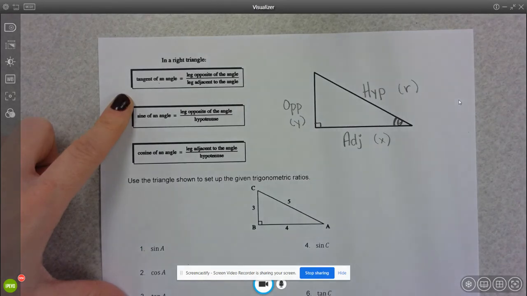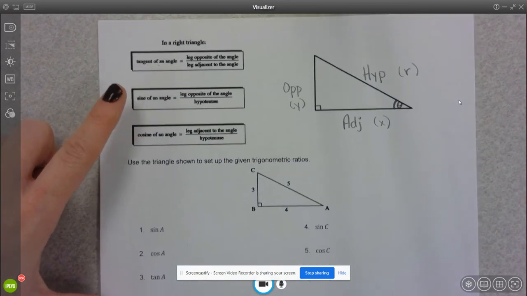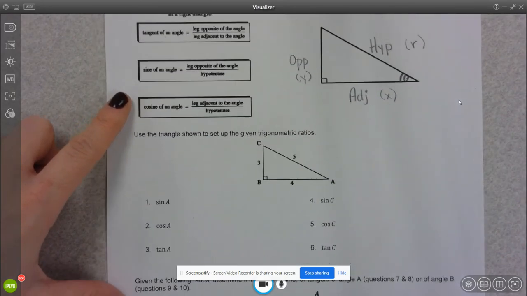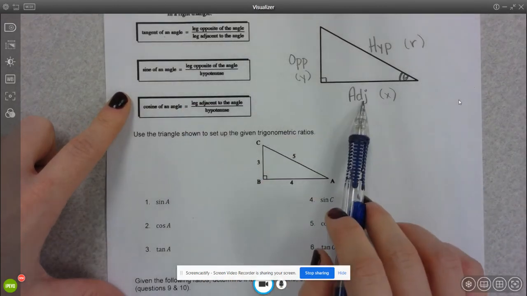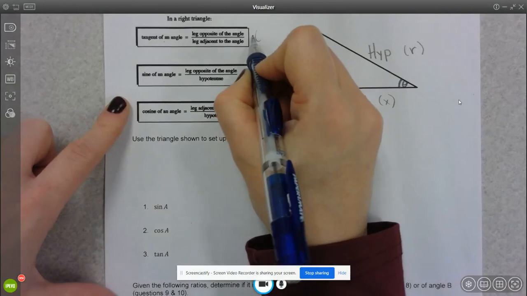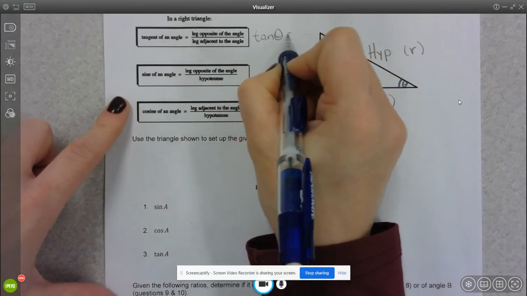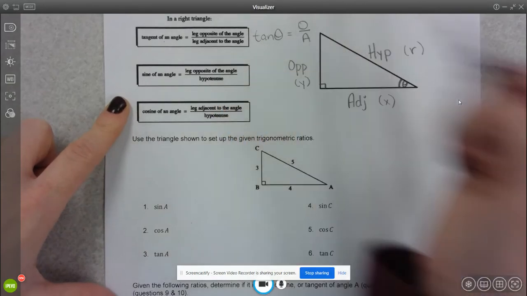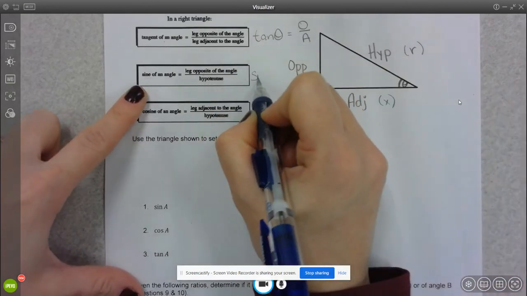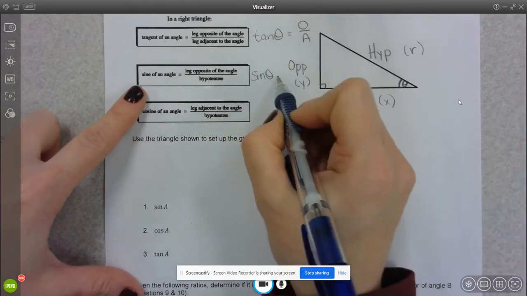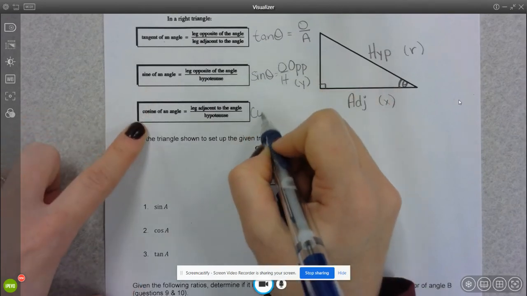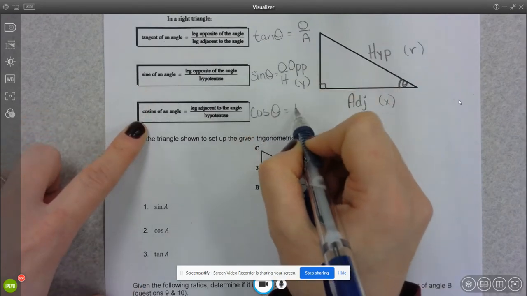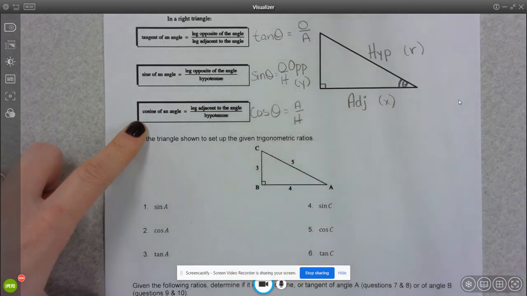Okay? So tangent is our opposite leg over our adjacent leg. Sine is, didn't really give myself enough room, opposite over hypotenuse. And cosine is adjacent over hypotenuse.